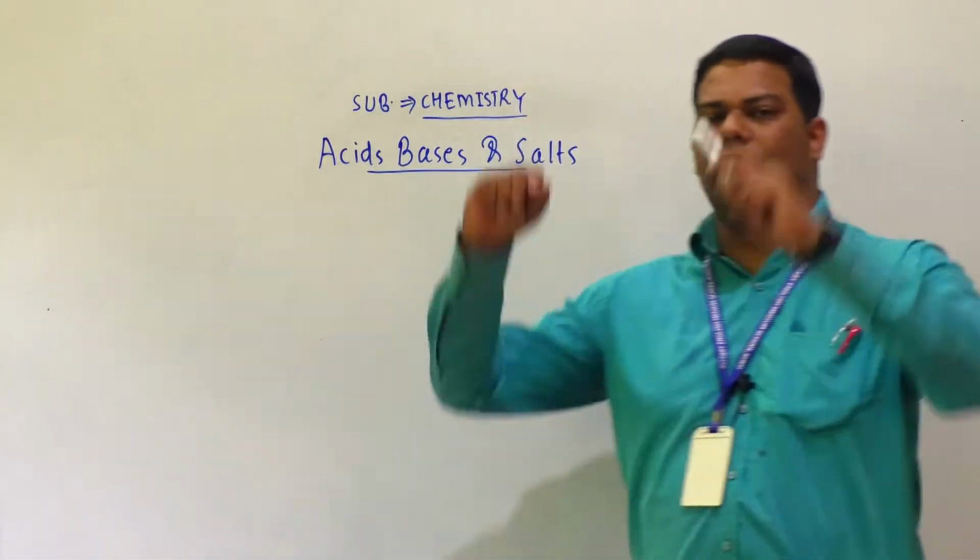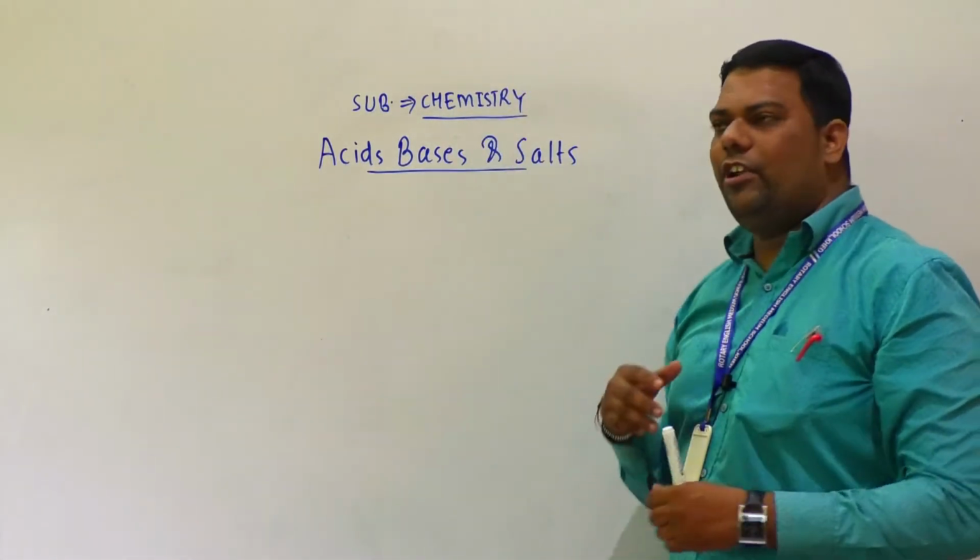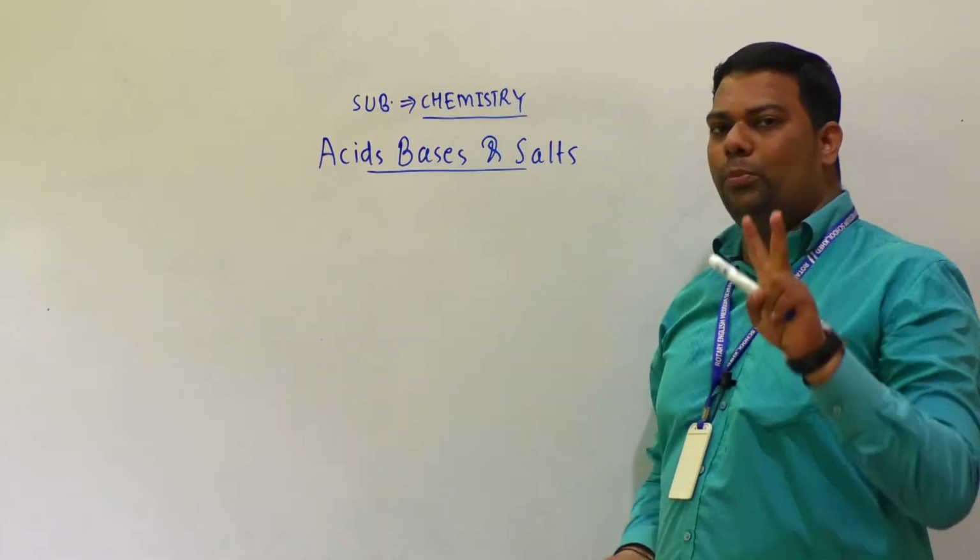Basically, sodium chloride occurs in nature in two main states.